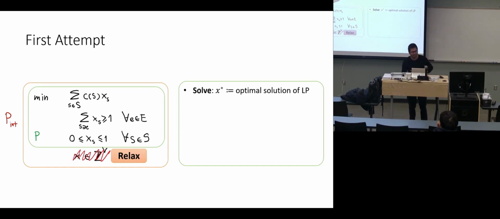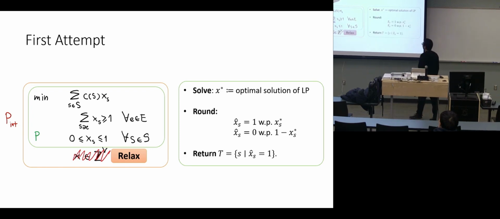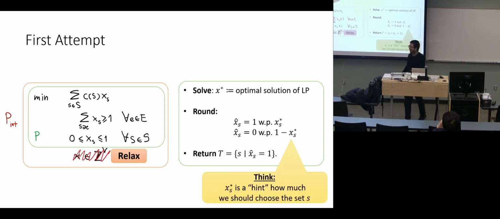But let me at least tell you the solution that I have. I just do it independently for each set S. You should think of X star S as a hint on how much you should choose the set S, because the LP solves it for you, and it gives you some fractional value for each set. This is something between 0 and 1.